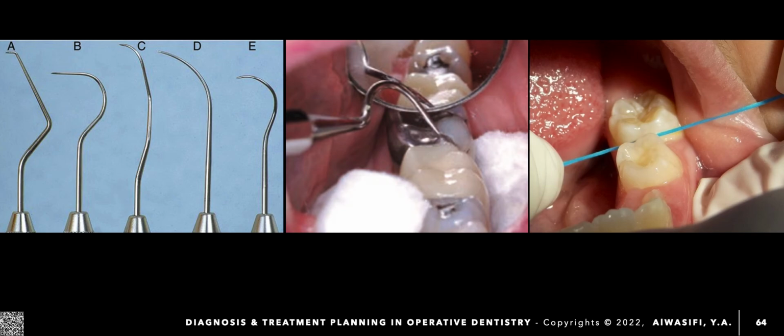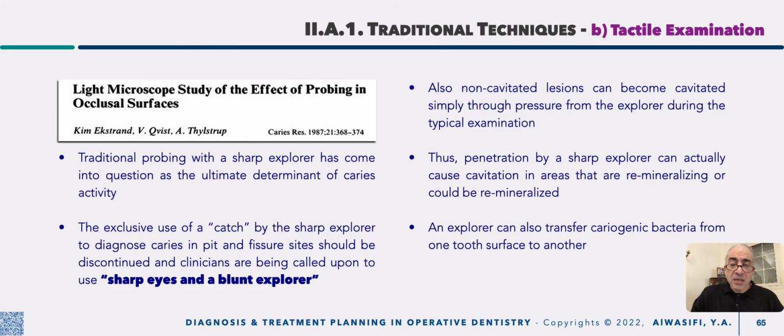Considering the use of the explorer, especially, many studies recommended not to use a sharp explorer at all, and the drawbacks of using it are much worse than its usefulness in detecting dental caries.